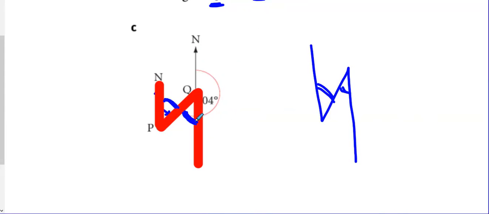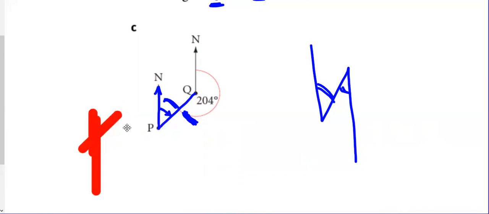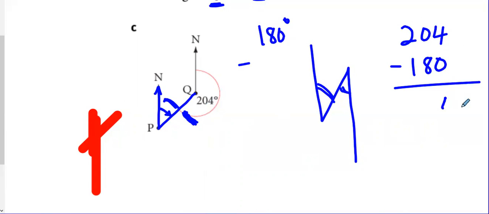How do we calculate this angle? We take that angle which you see there, 204 degrees, and you minus 180. 4 minus 0 is 4, 10 minus 8 is 2, and 2 minus 1 is 1, so this portion we got is 24 degrees.